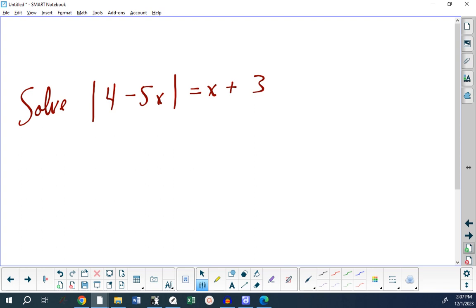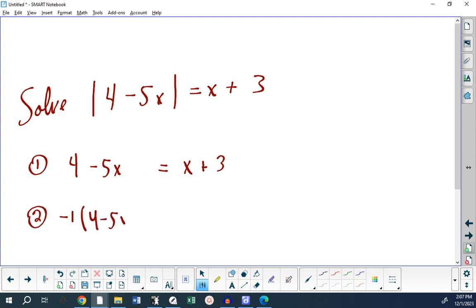So when I ask you to solve this equation, it's pretty clear that we tear it apart into 4 minus 5x equals x plus 3, and -1 times 4 minus 5x equals x plus 3. Correct? That's what I just said here.